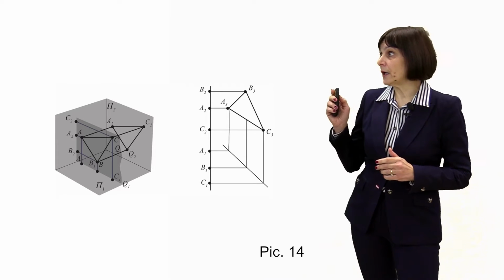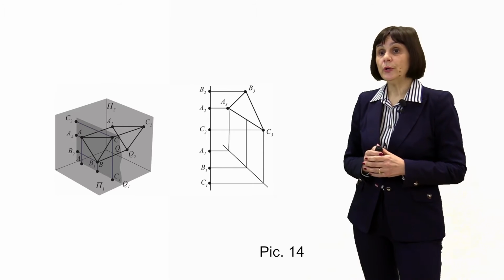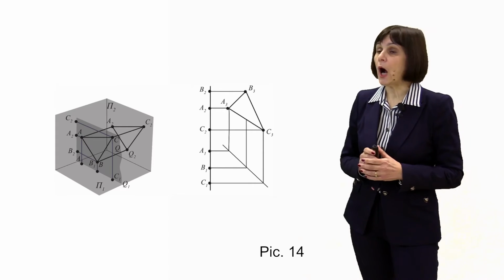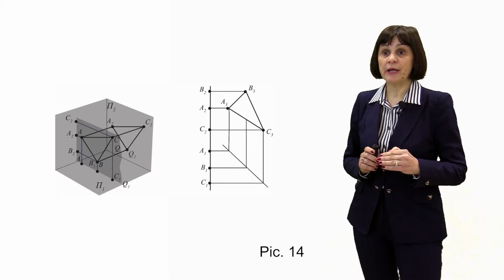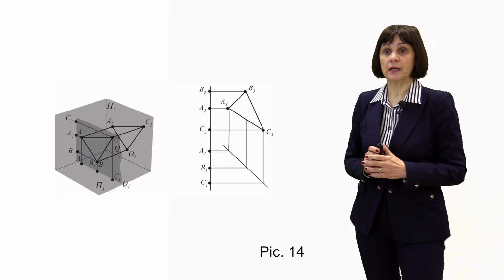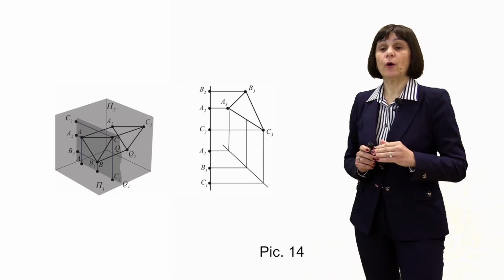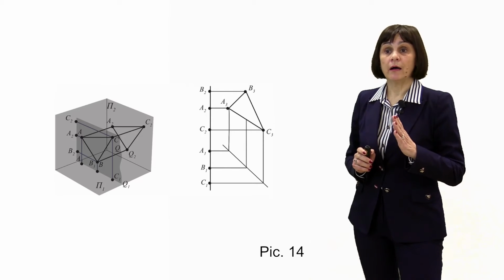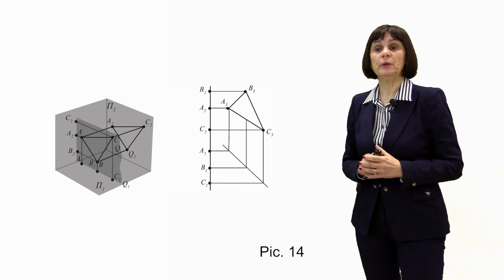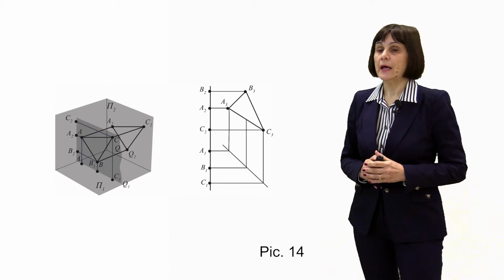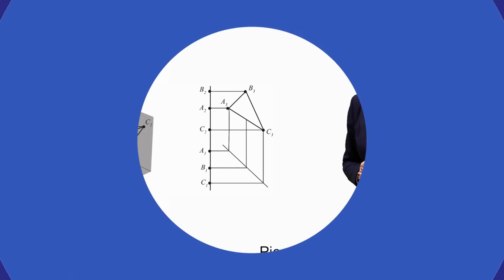It is B2, A2, C2, and the same will be on our horizontal projection plane. We have a vertical straight line, and the vertices of the triangle are located on this straight line A1, B1, C1. That's the example of a profile plane of the level.